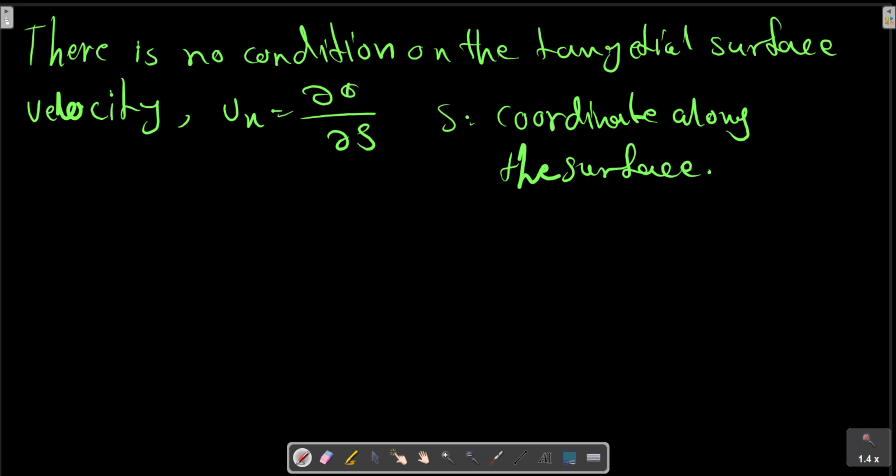This velocity is determined as part of the solution to the problem.